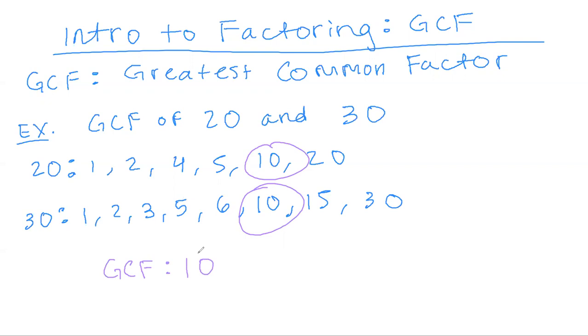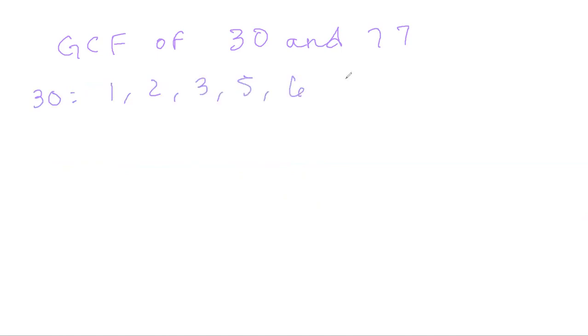And you'll see how this is going to play out in factoring, because that's essentially what we do: we just find the GCF of the terms of a polynomial. So let's just do a few more examples here. If we were to do the GCF of 30 and 77, for 30, it's just going to be what we listed before.